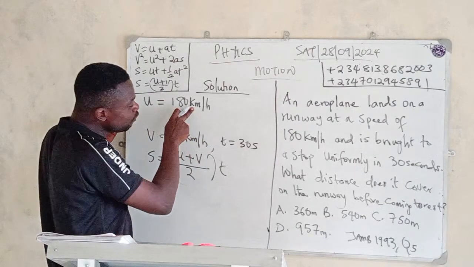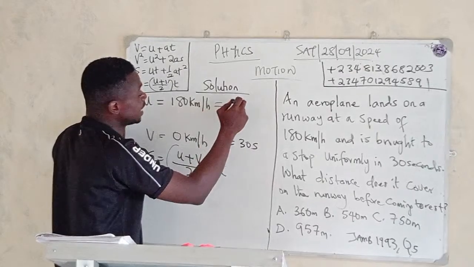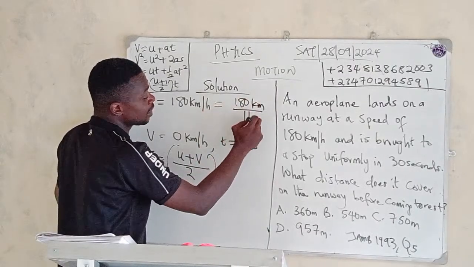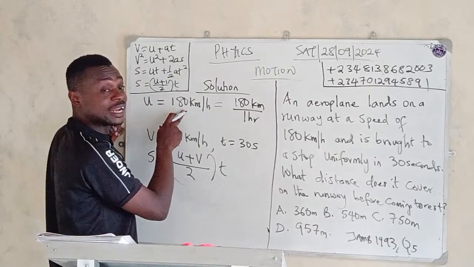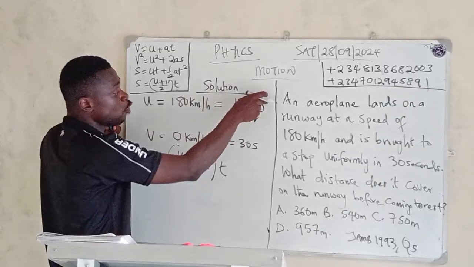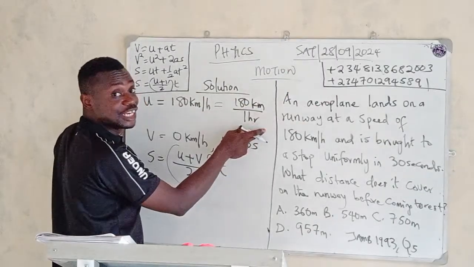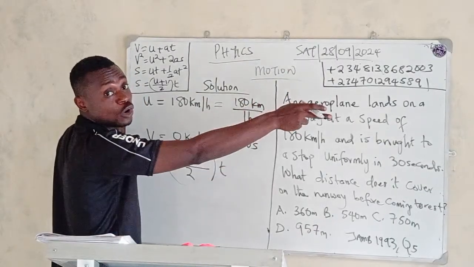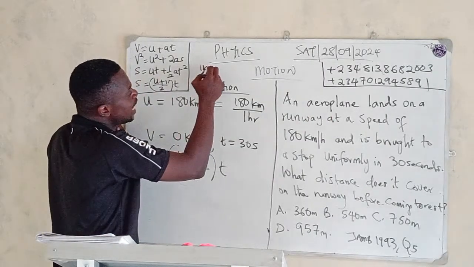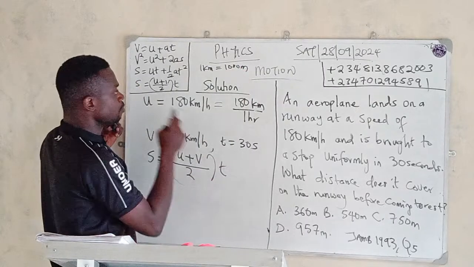So if you want to move this numerator, remember that this is just like saying 180 kilometer over 1 hour. So if we want to convert this now, we convert the numerator to meter, and the denominator to seconds. We have 1 kilometer is equivalent to 1,000 meters.